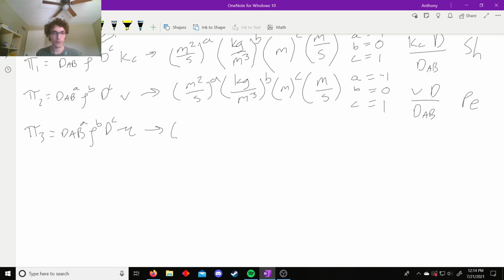So we have meters squared over seconds raised to the power of a, kilograms over meters cubed raised to the power of b, and we have meters raised to the power of c. And over here we have kilograms meters seconds. And we're looking for our a, our b, and our c.